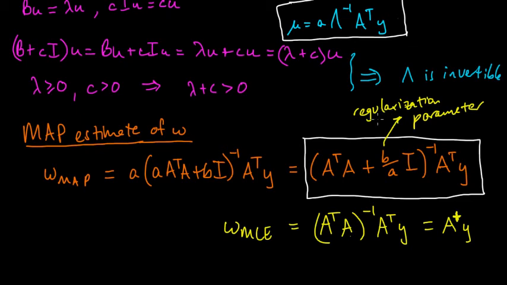But there are cases in which the kind of regularization that you might choose does not correspond to a proper prior. You can choose a regularization scheme which corresponds to an improper prior.